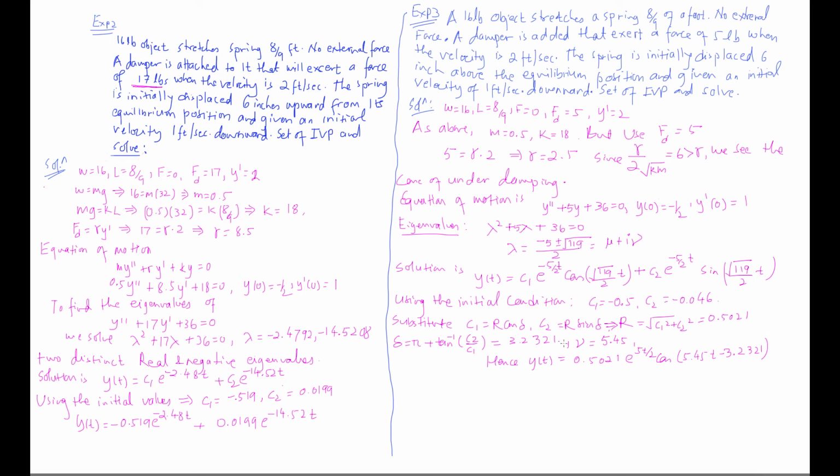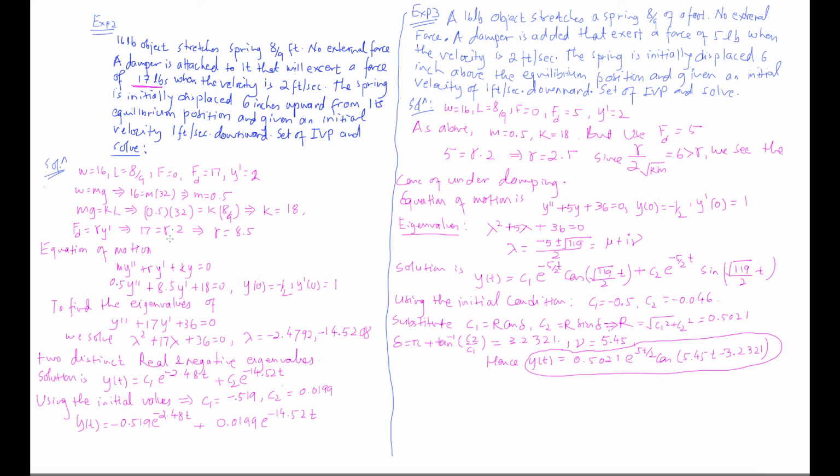So this is basically the solution in the other form, the phase amplitude form. Now if you plot this equation in your calculator, you can see that the motion will die out, right?